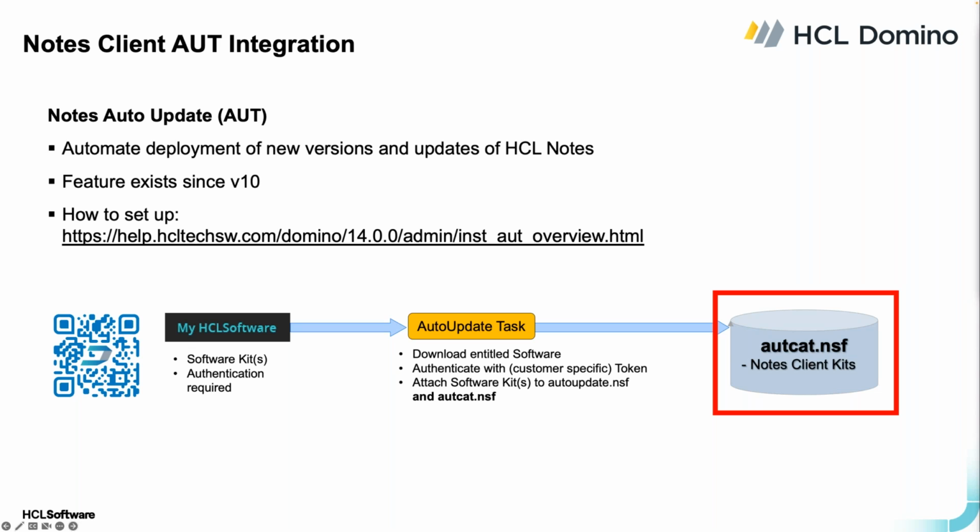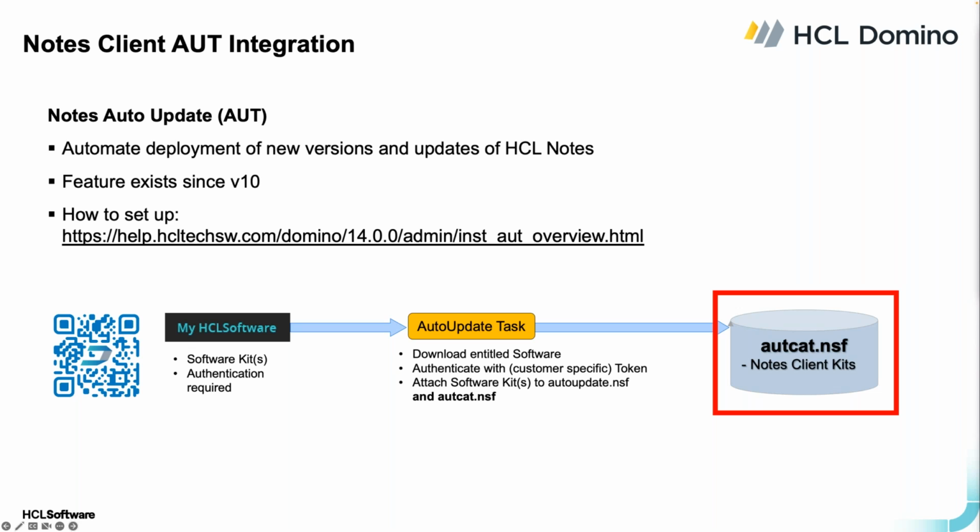So in the following demo, what we are going to do is to update the configuration and enable the deployment of Nodes client packages into the AUT catalog database. This is just the data source for Nodes client deployments.